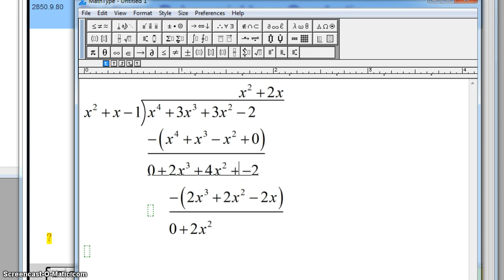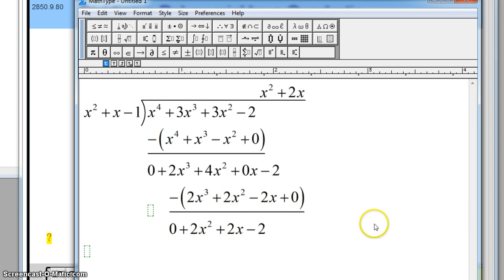So plus 0x. So 0x minus minus 2x, that's plus 2x. And then we don't have any constant term, so we can do plus 0 here. Negative 2 minus 0 is negative 2, so let's bring down that negative 2.